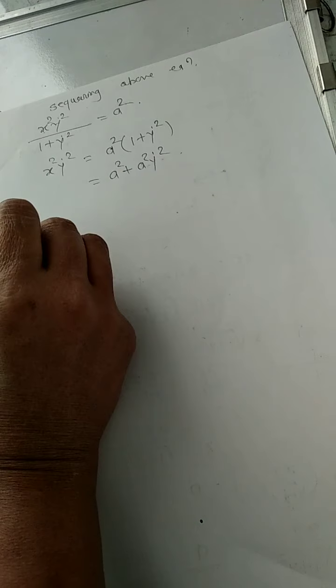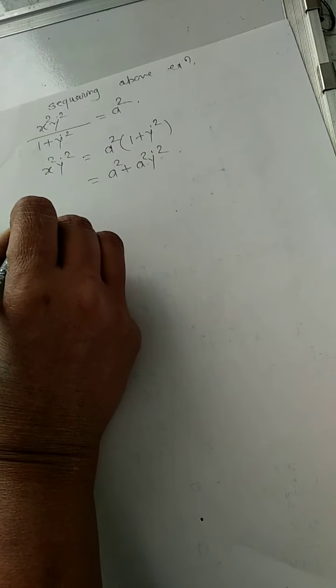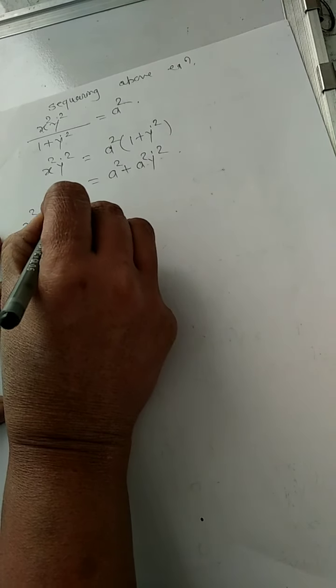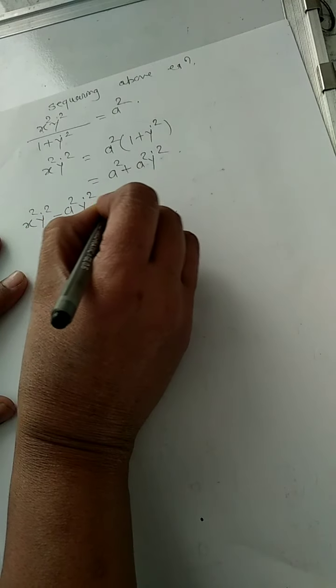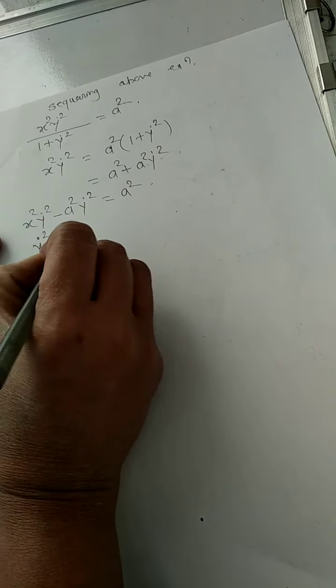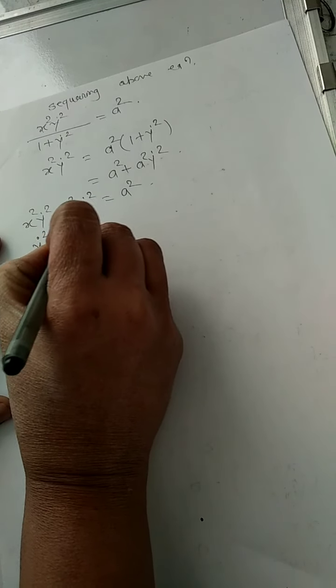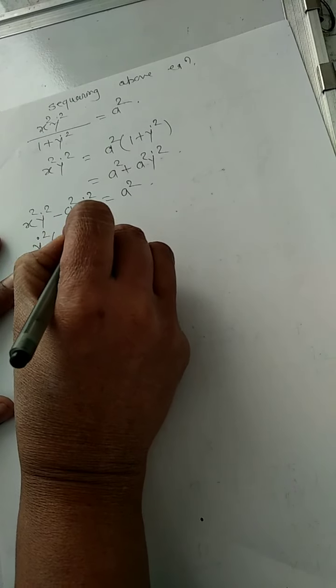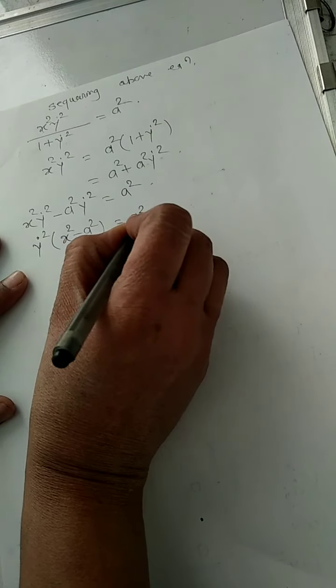Then take the same terms on one side: x square y dot square minus a square y dot square is equal to a square, and here y dot square is common. Then the value is x square minus a square times y dot square is equal to a square.